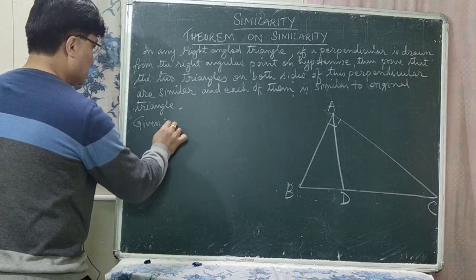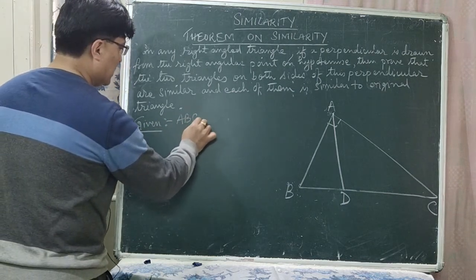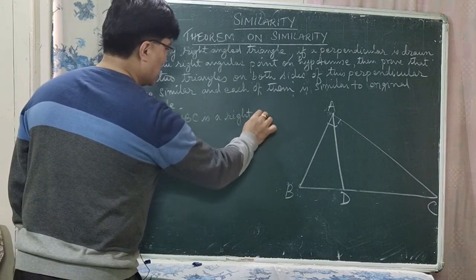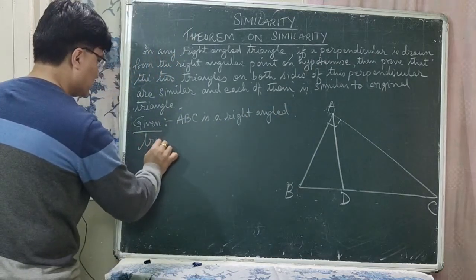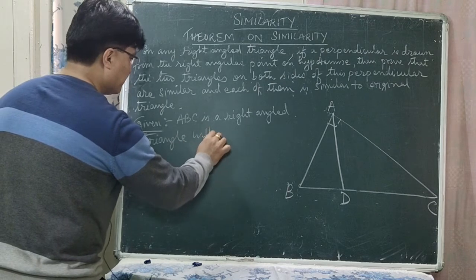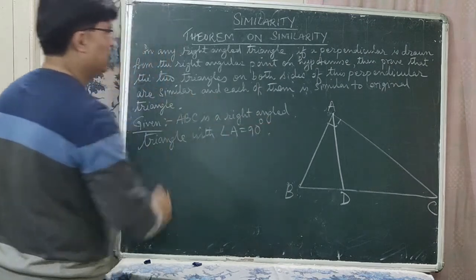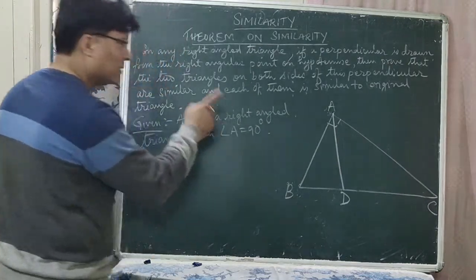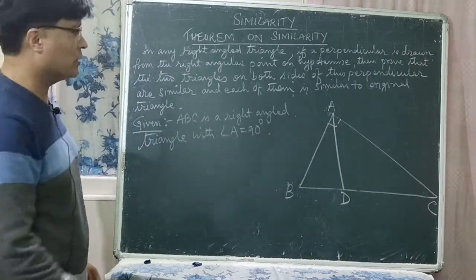Your given is, so what is given here? ABC is a right angled triangle with angle A equal to 90 degree. That means point A is the right angular point.